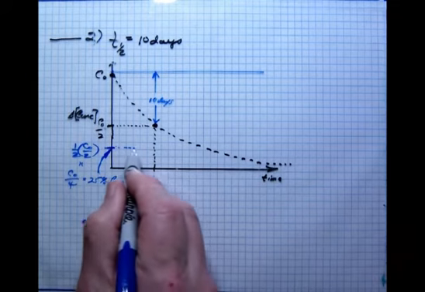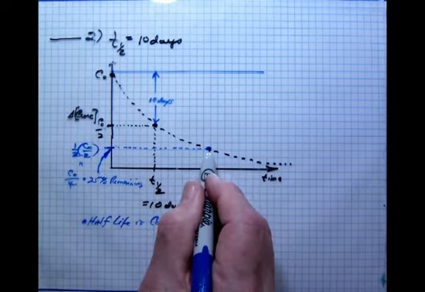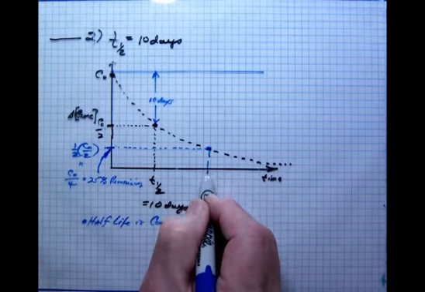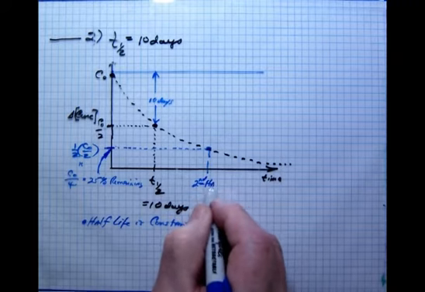And so we come across here, hit the graph, and then straight down to here, and that's the second half-life.